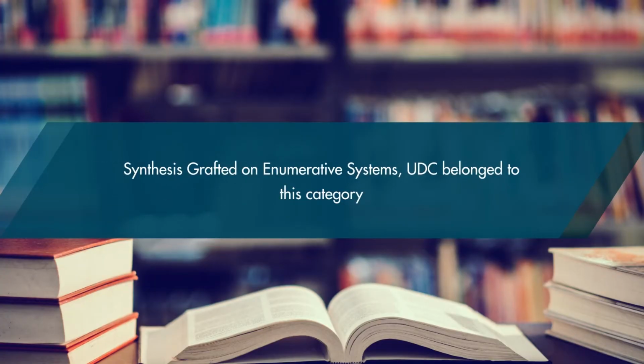Another set of classification systems are those in which synthesis is grafted onto enumerative systems. These are a little bit less rigid, and a very apt example is the Universal Decimal Classification. As an example of an enumerative scheme of classification, we can give Dewey Decimal Classification, the DDC, initially.